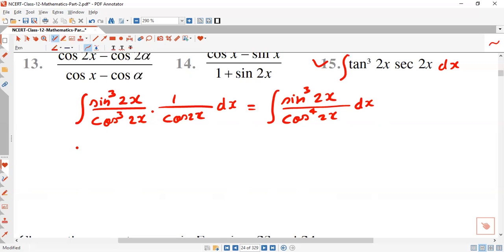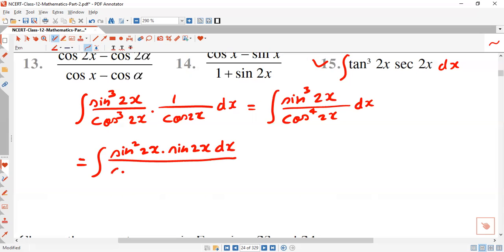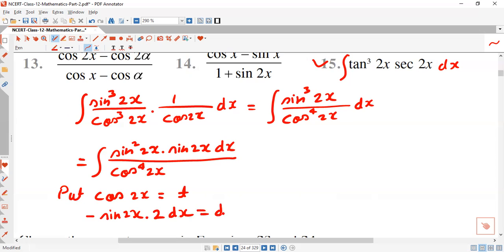I can write this equation this way also: sine square 2x into sine 2x dx upon cos power 4 of 2x. Put cos 2x equal to t. So what we are getting is minus sine 2x into 2 dx equal to dt.